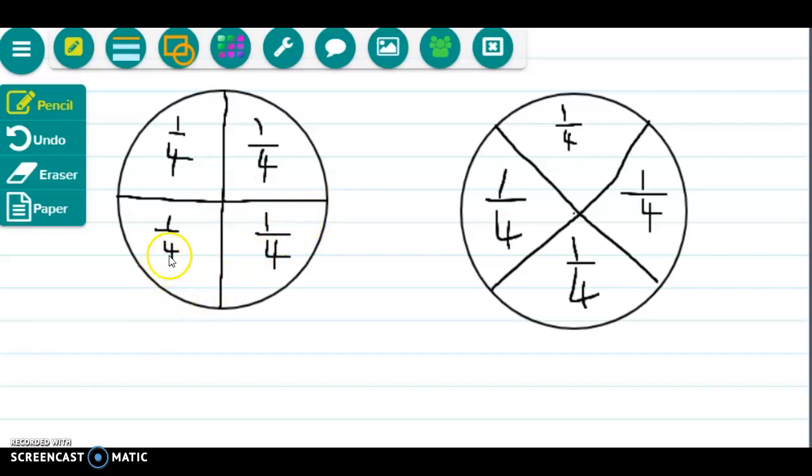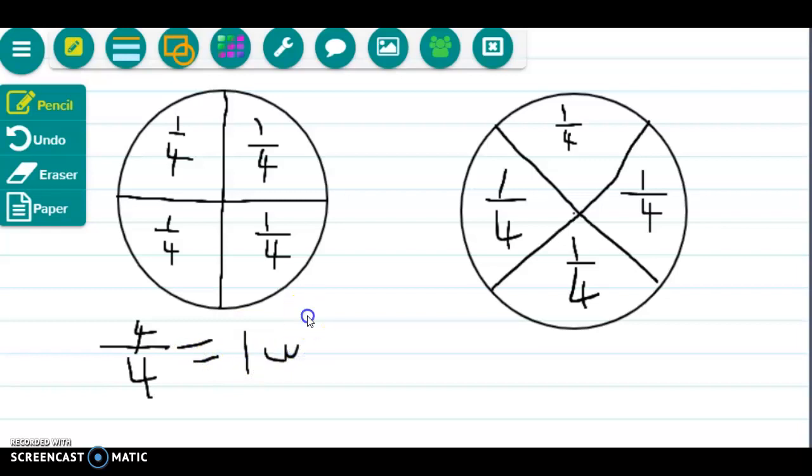So if I wanted to add all of these fourths together, it would give me 4 fourths. And 4 fourths equals 1 whole.